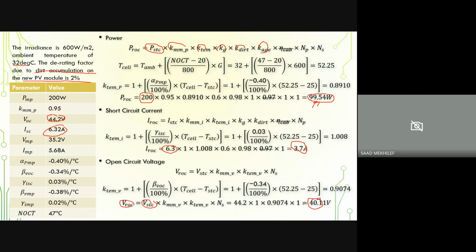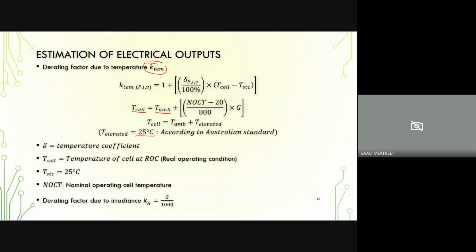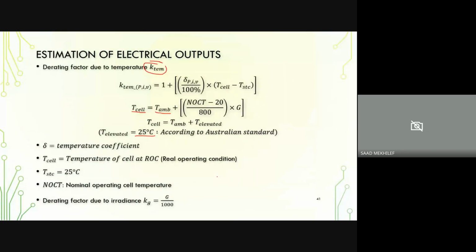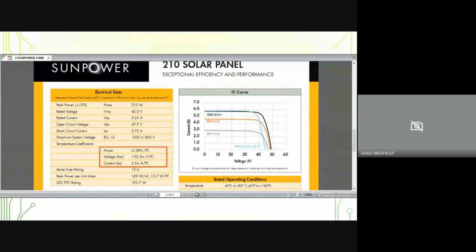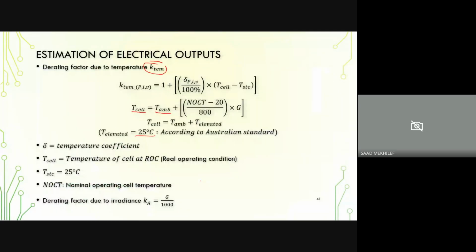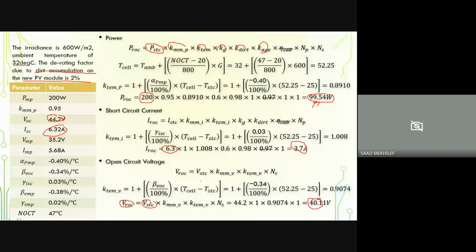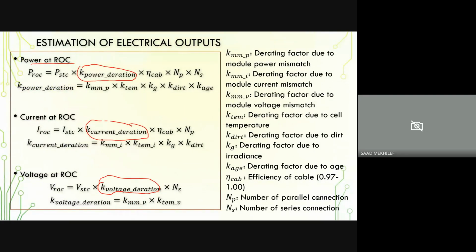But these derating factors are real, they are there, due to the temperature and due to the dirt. So different factors have to be taken into consideration. These are different derating factors due to module mismatch, power mismatch. What's the assumption when we put two modules together?